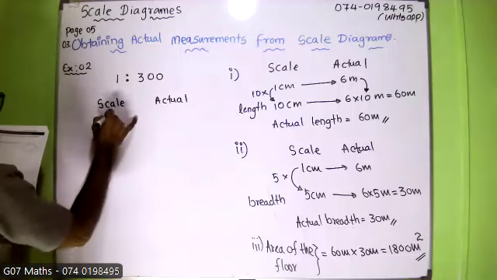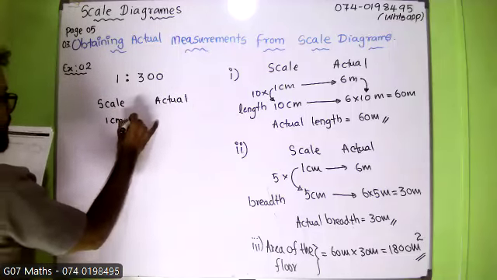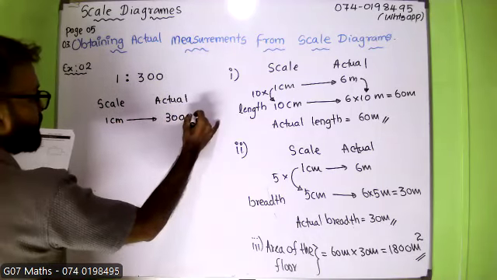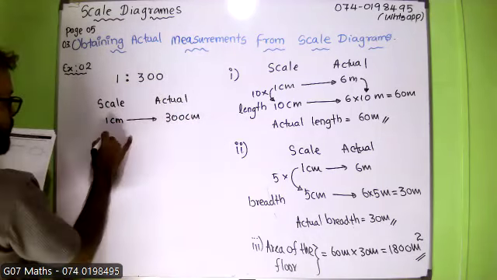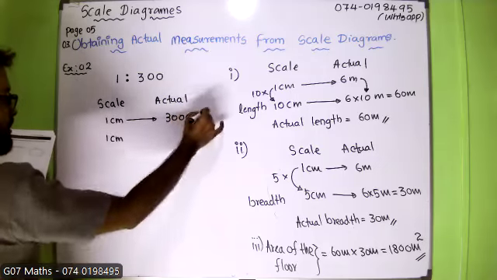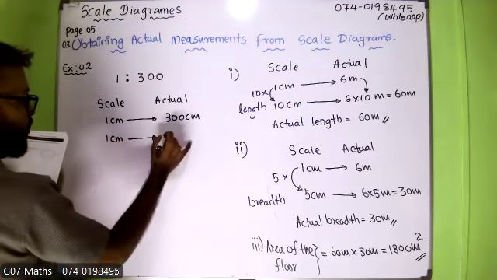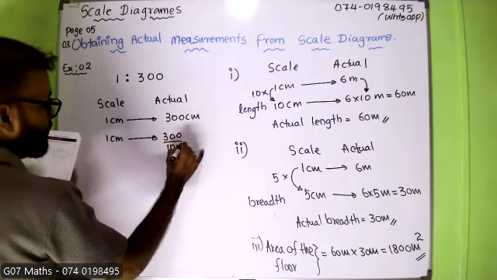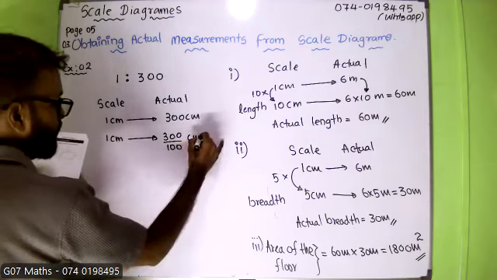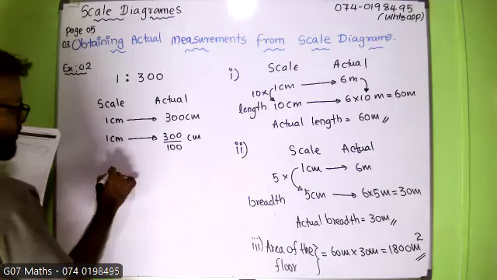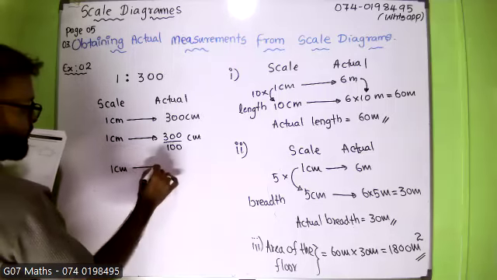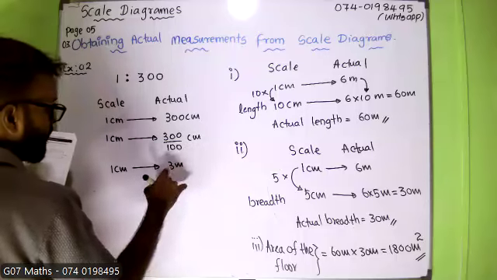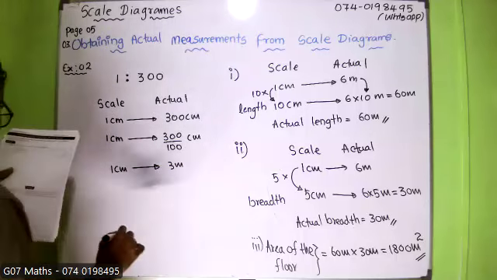Scale side, 1 centimeter represents 300 centimeters in actual. I can convert this 300 centimeters into meters. How do I convert? 300 centimeters divided by 100. So 1 centimeter represents 3 meters. That part is done.